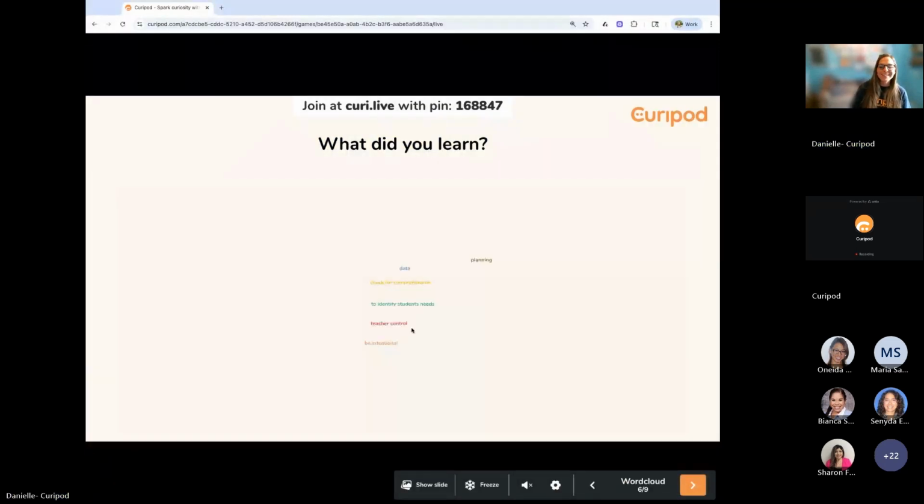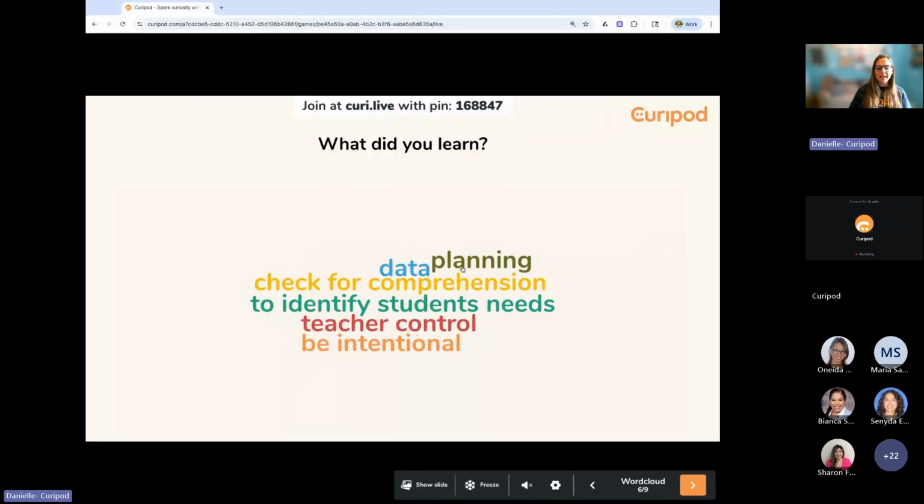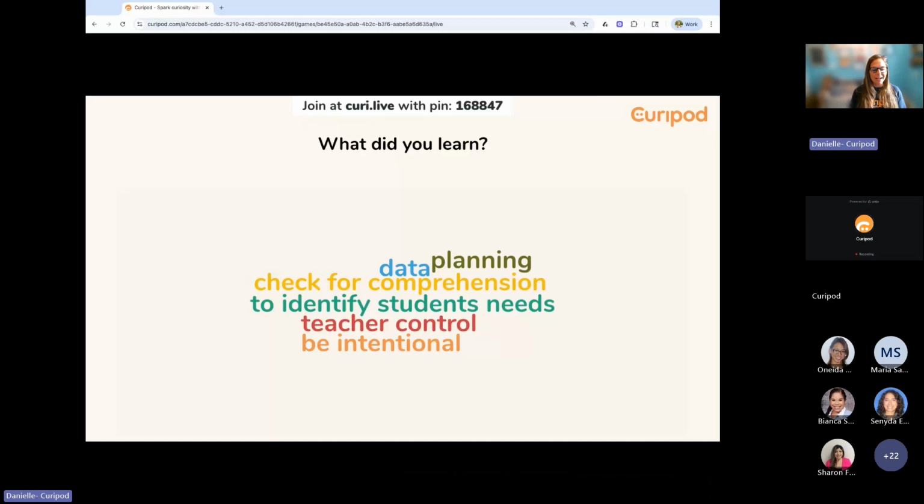All right. So here, data, planning, all of these things, teacher being in the driver's seat. That's so important, right? You have to inform what happens in your classroom. Being intentional. All of these things are great, but how do we get them, right? When your students are writing on paper, how long does it take you to give them feedback?